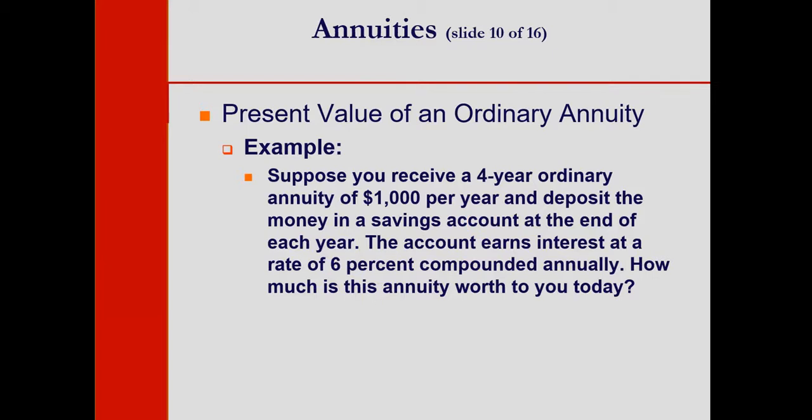I want to leave this problem for you to solve, not only the ordinary annuity, but the present value of annuity due also. It is exactly the same. Once you get the present value of the ordinary annuity, multiply that result by 1 plus R and you will get the present value of the annuity due.